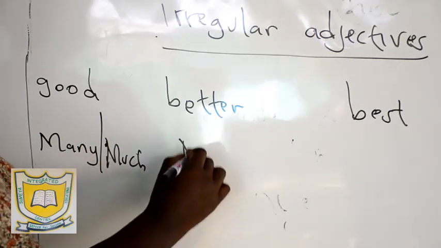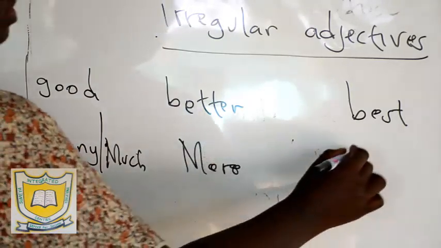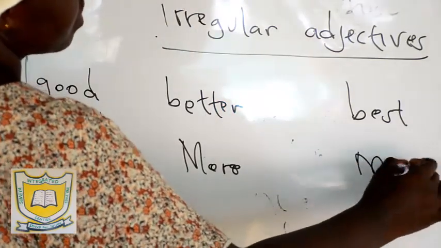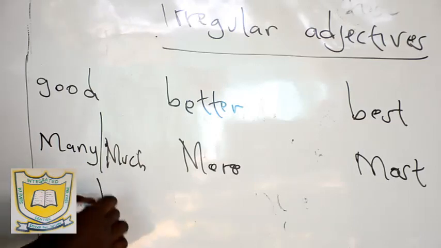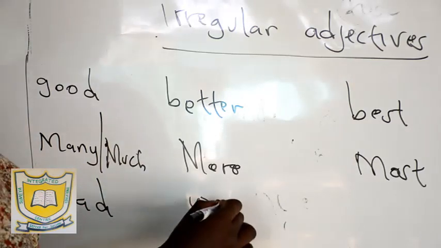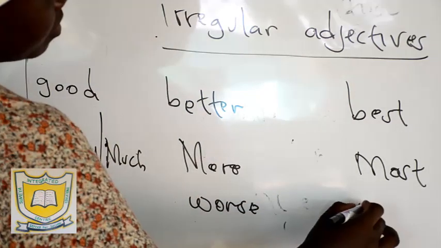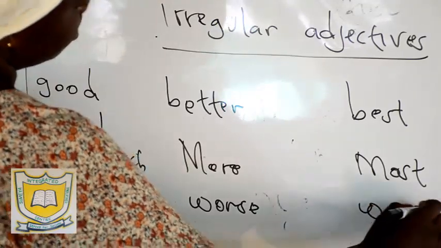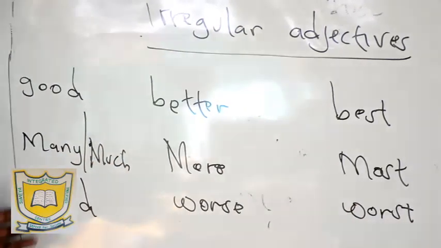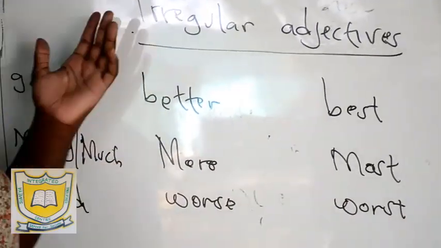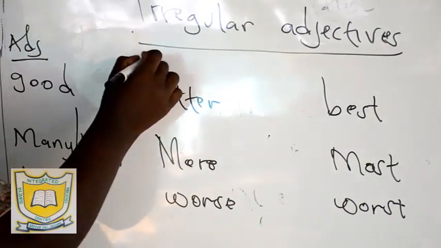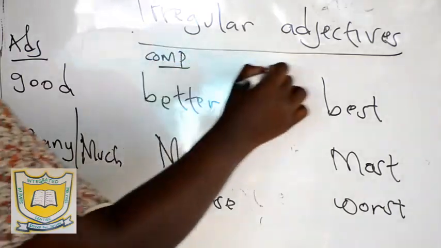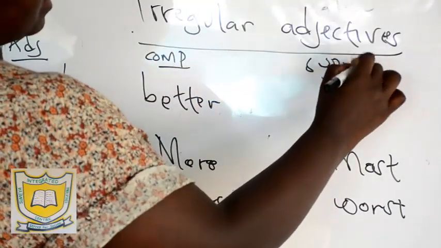And then you have more, and then you're having most in the superlative. You have bad, you have worse, and then you have worst. Let's say this is the adjective, this is the comparative, then this is the superlative.